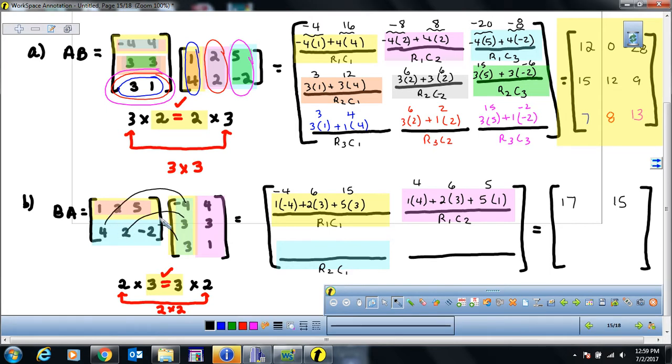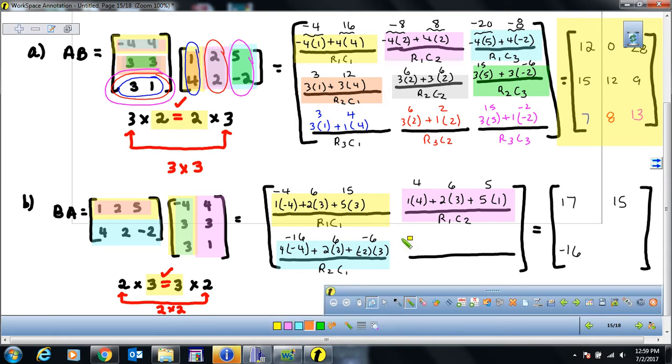Again, the first ones, the middle ones, and the last ones. So it's going to be 4 times negative 4 plus 2 times the 3 plus negative 2 times the 3. So that gives me negative 16 plus 6 and then minus 6. That's going to be negative 16 as an answer.